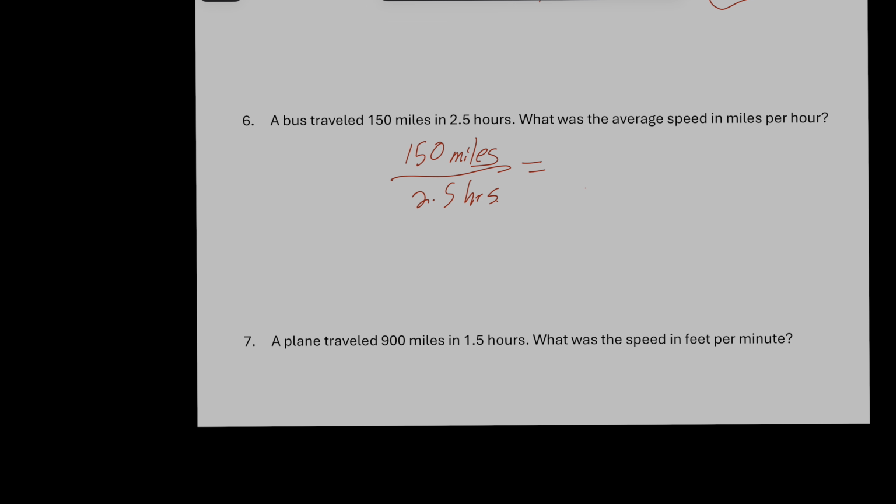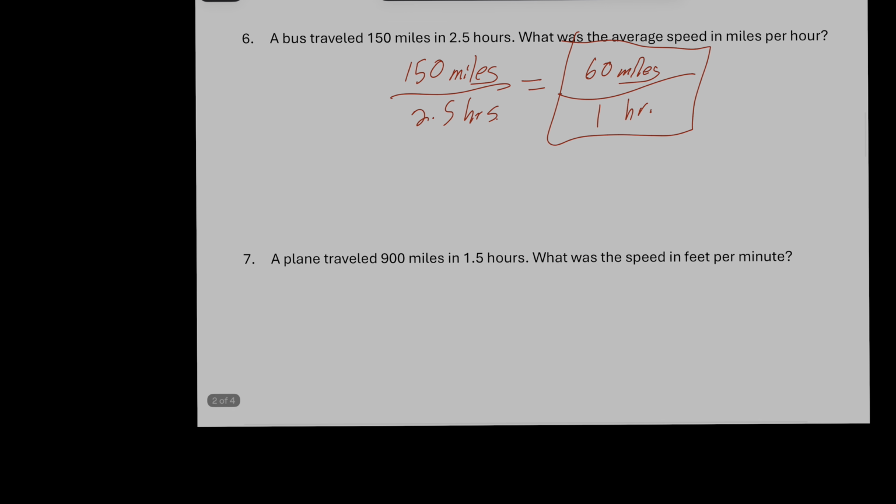That's great. But what they really want is a 1 on the bottom. To do that, you just do the whole division problem. You just do 150 divided by 2.5, and you end up getting 60 miles to 1 hour. And that's what they mean by the average speed, 60 miles per hour. So you just do the division so that the bottom number becomes a 1.